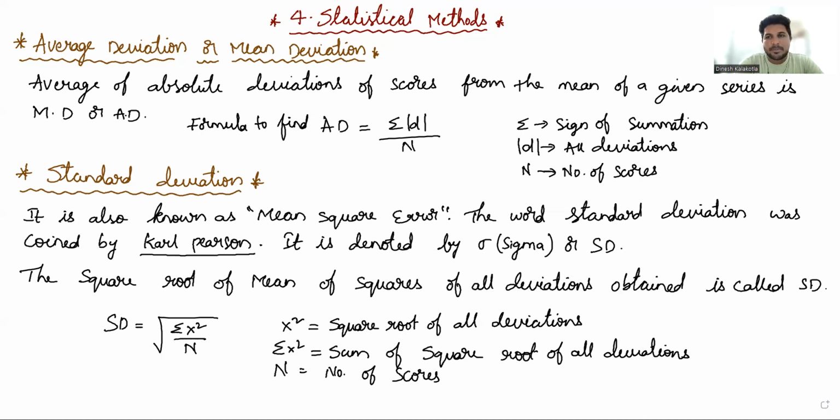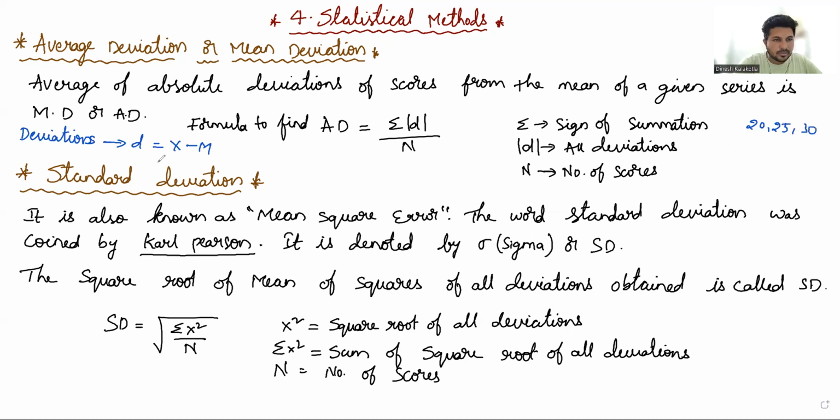So what happens is there is a given data, and for the data you need to find out the deviations. First you have to find out the mean, and then with that mean you will be using deviations. How to find out deviations? D is equal to x minus m, where x is each score. For example, there are scores of 20, 25, 30.